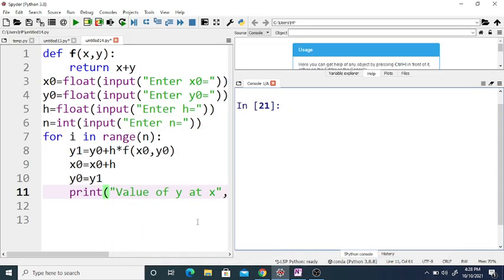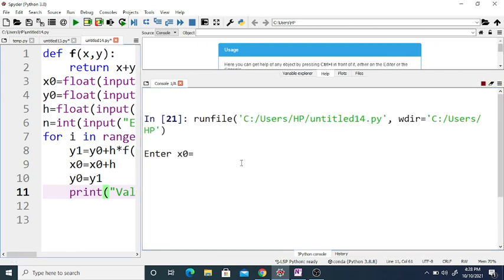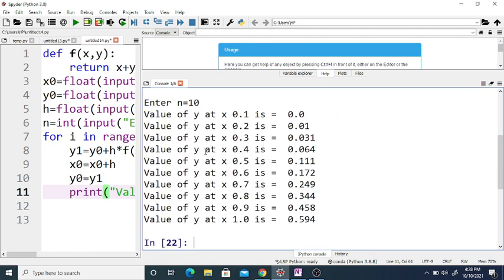So if you run this code, x0 is 0, y0 is 0, h is 0.1 and number of steps 10. Then you can see here this is the value of y. Finally we get the value of y when x is equal to 1.0.